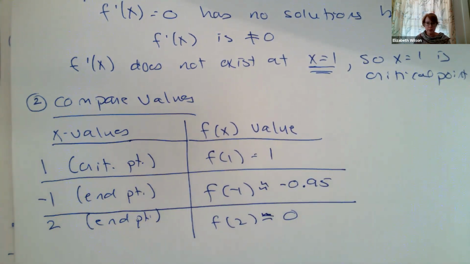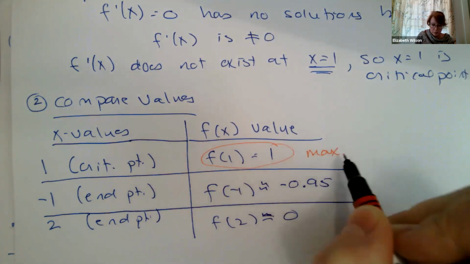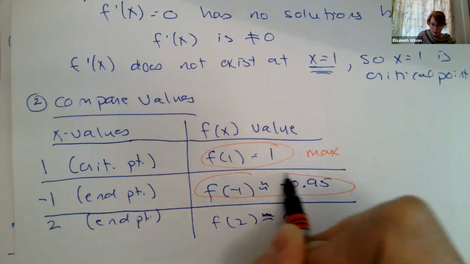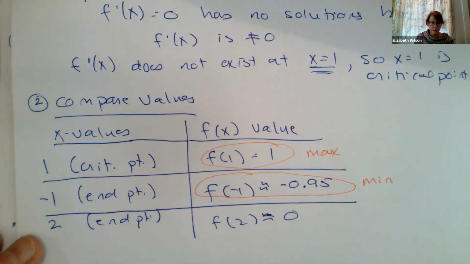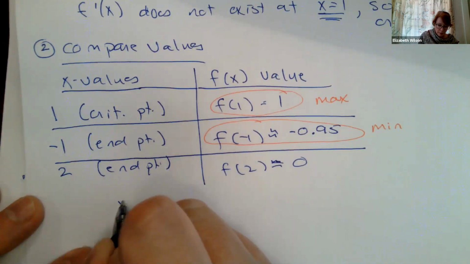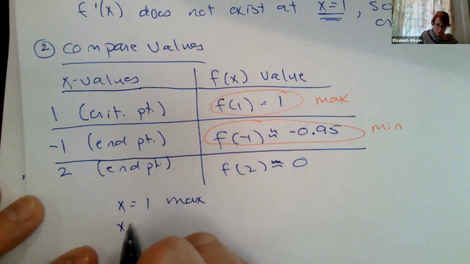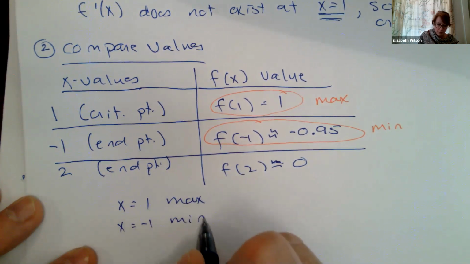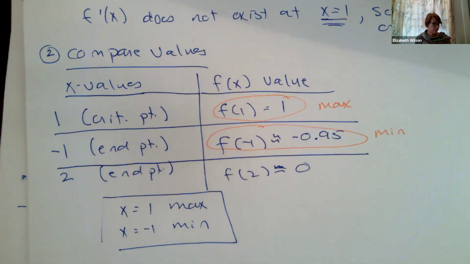And so on here, I take a look at what are my maximum and my minimum values. This one here gives me a max. This one here gives me a min. Okay. So I'm going to summarize that. Say x equals 1 is a maximum. X is equal to minus 1 is a minimum. On my interval for this function.